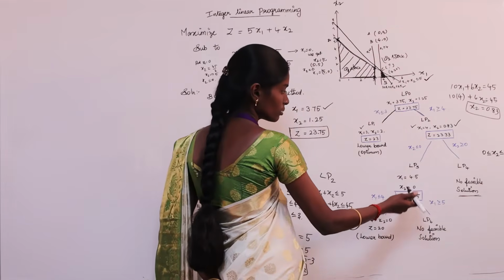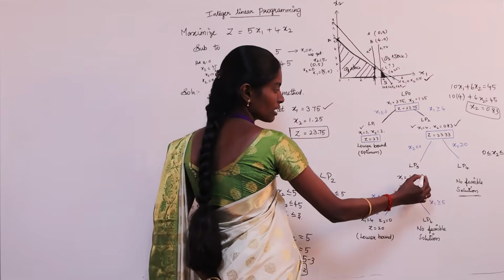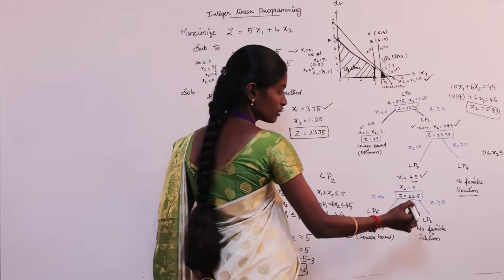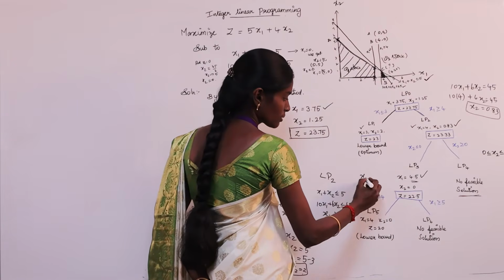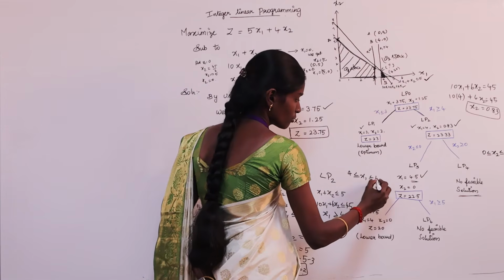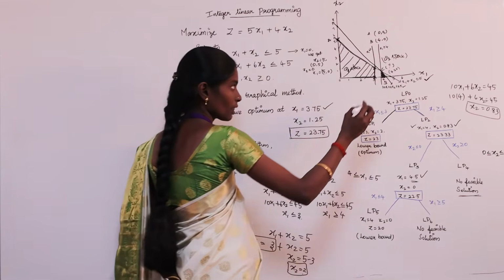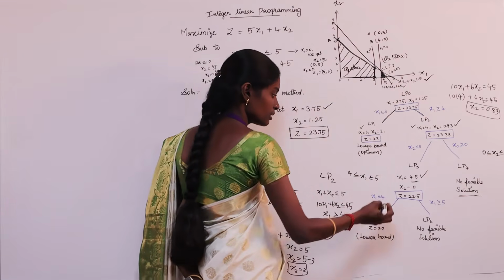We move on to LP3 space. In LP3 space we are having x1 again as 4.5, a decimal value. Now we again consider x1 having the limit 4 to 5. This line is the feasibility range.